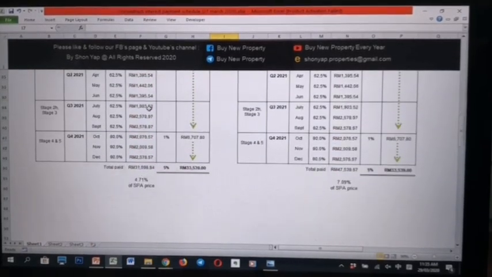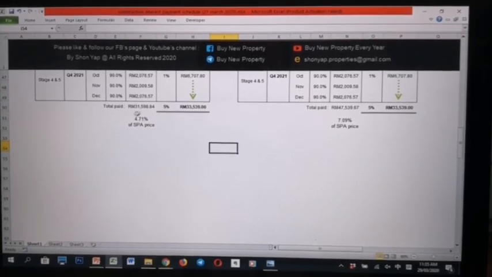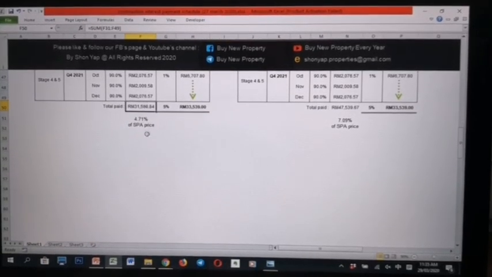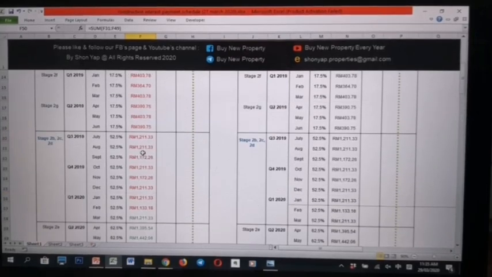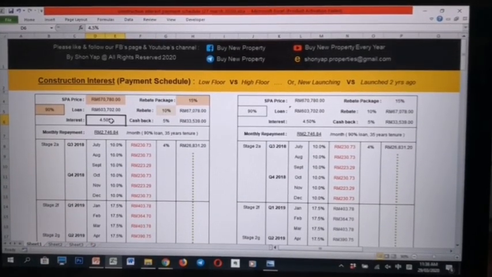You can see the interest increases, and just now it was 29,000, now it's 31,000 for the same unit, and this is the same also. That's why a lot of people like it when the OPR drops, because lesser interest rate means you pay lesser interest and lesser monthly installment.